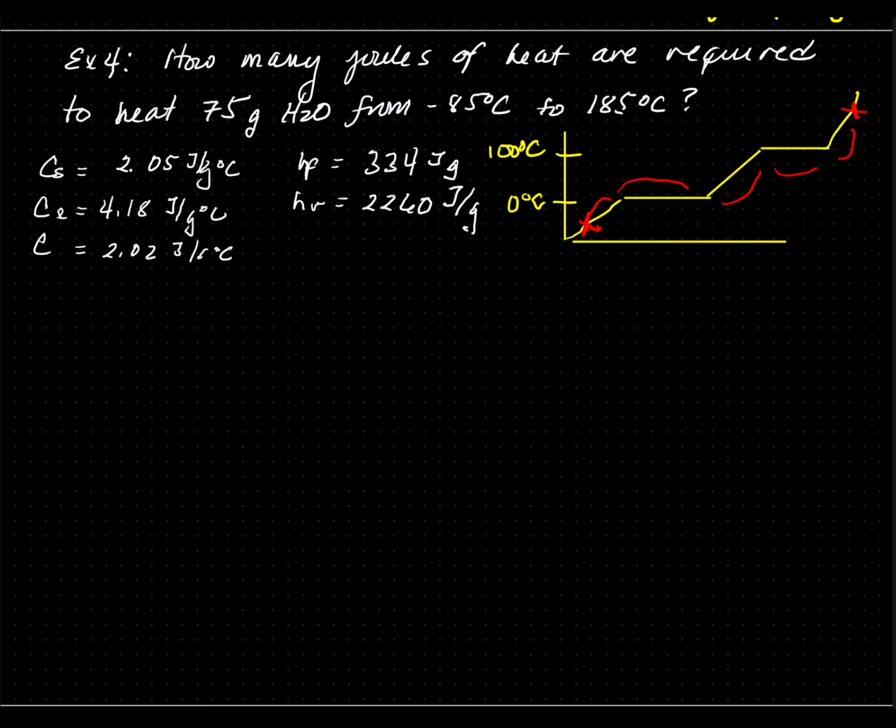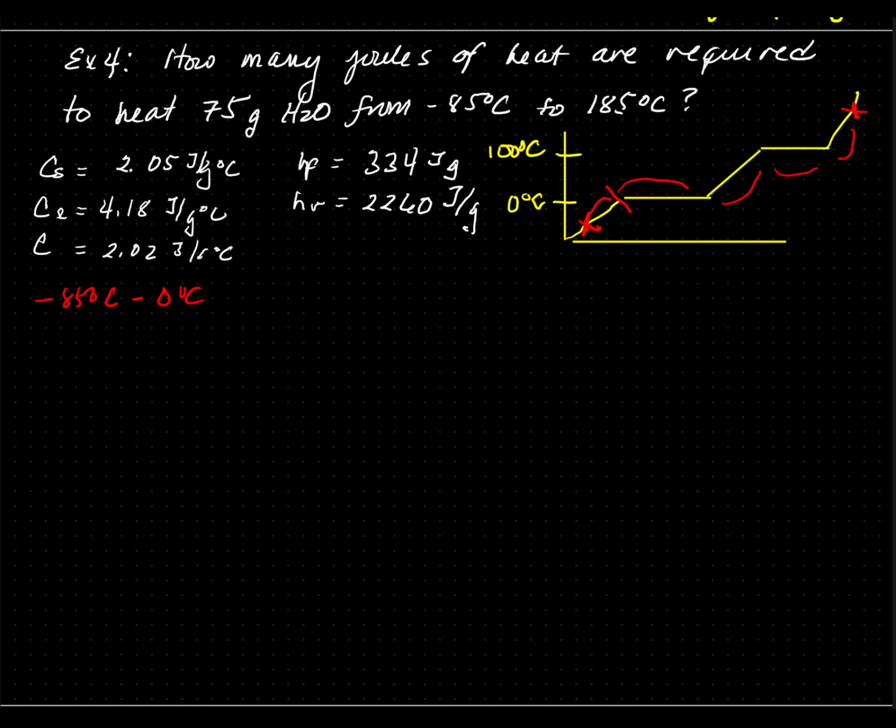Remember, each slope has a different constant value. Therefore, you have to write a different equation. So we're going to start from negative 85 degrees Celsius, and we can only go to 0 degrees Celsius right here.